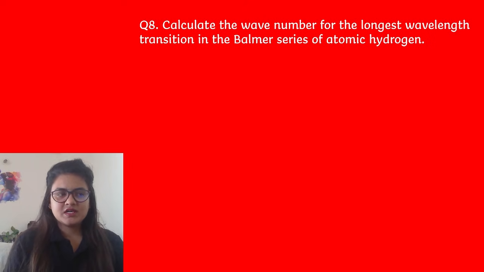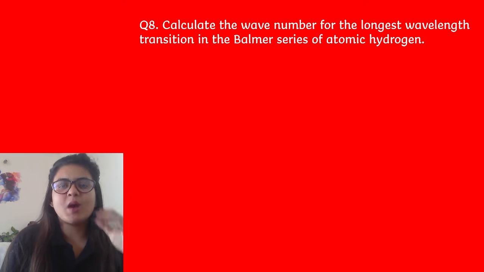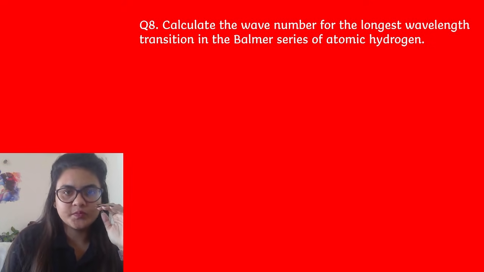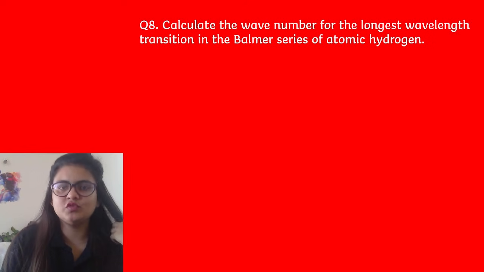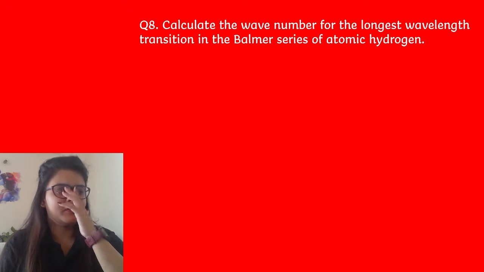Always remember that. So for this case, we have to check the shortest transition. Balmer series means n equals 2, right? From n equals 2, the electron will jump. So what is the shortest jump? From 2 to 3, that is the shortest jump. So that I will take.